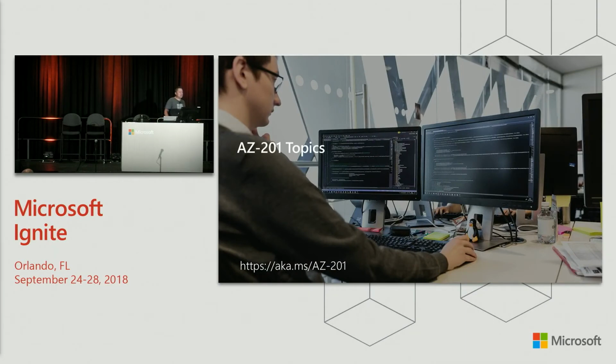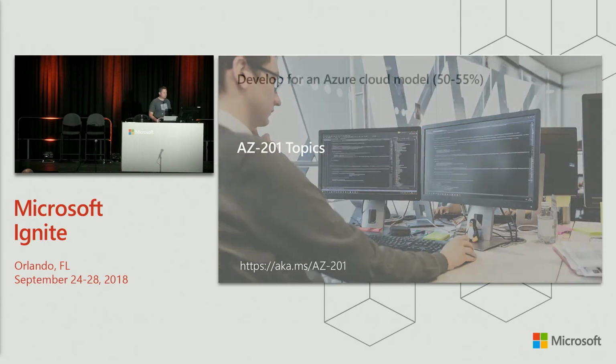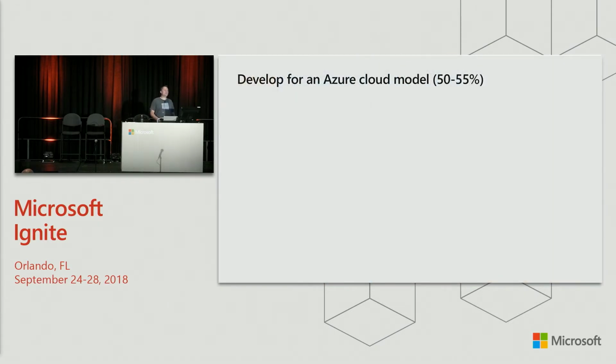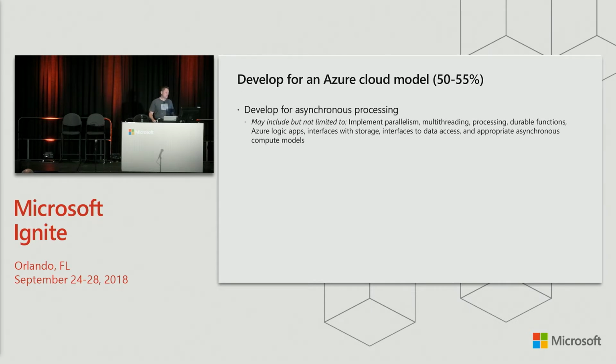So let's look at AZ-201 and the various topics on it. Starting out, half of the exam, as I talked about, is developing for an Azure cloud model. We start with developing for asynchronous processing. This is understanding asynchronous processing across various interfaces, whether it be data access, straight code, implementing parallelism, multi-threading, or durable functions.